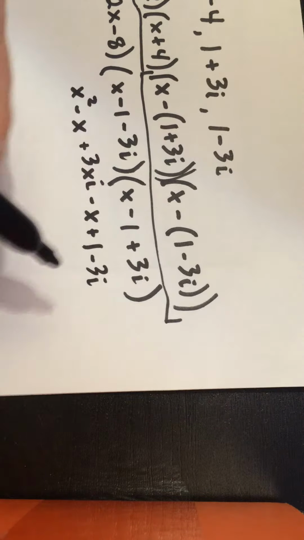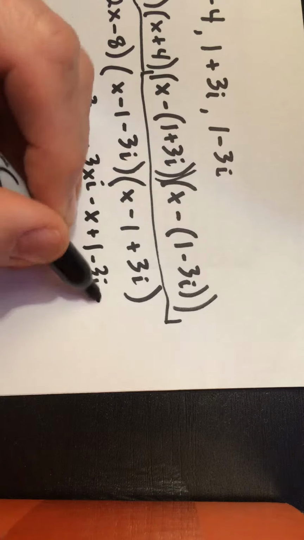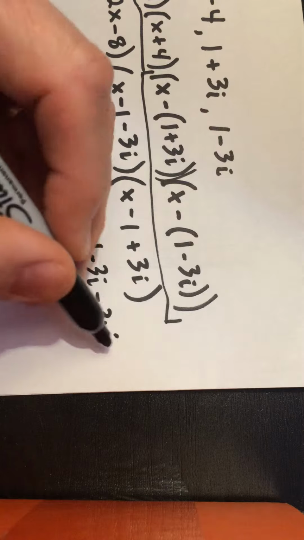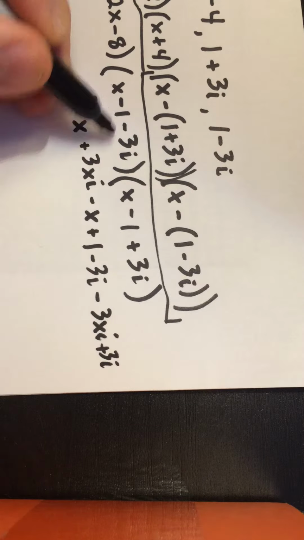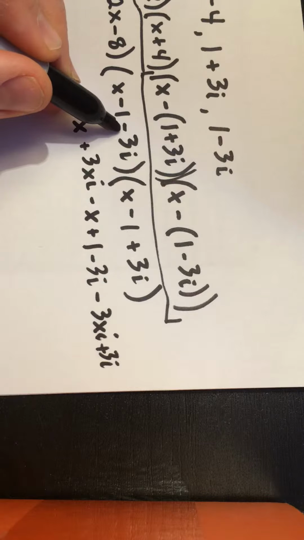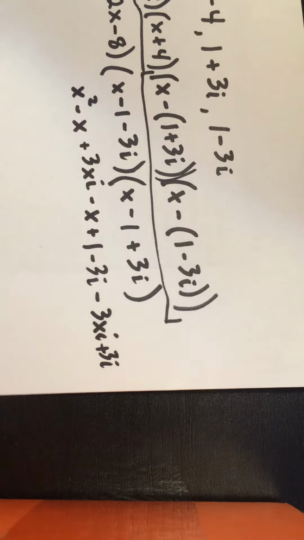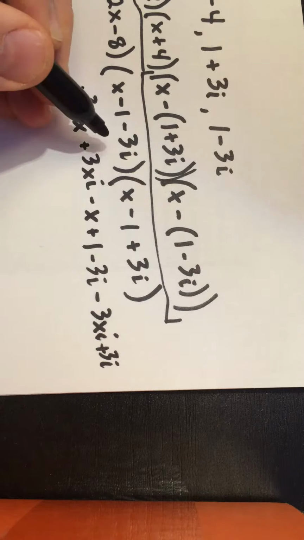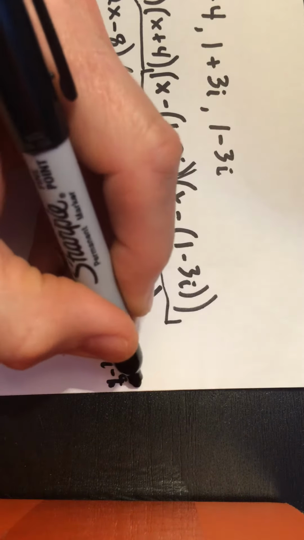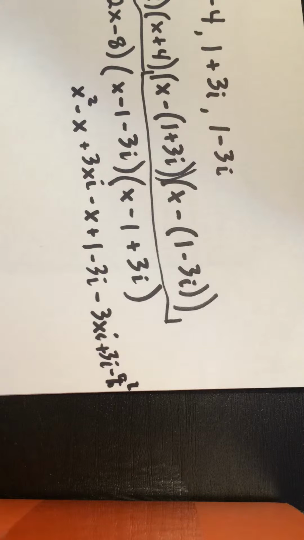Then the negative 3i times x is minus 3xi, plus 3i, because negative 3i times -1, and then negative 3i times positive 3i gives us a negative 9i squared. Negative 9i squared. Okay.